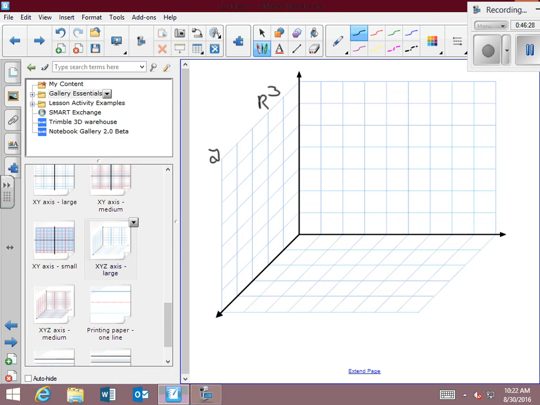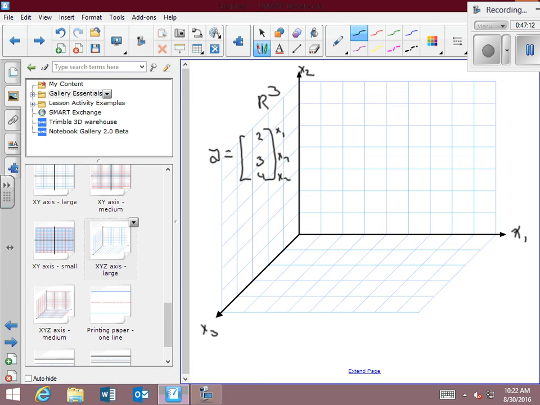A vector, which is 2, 3, 4. And then they call it X1, X2, X3. So I'm going to put X1, X2, and X3. A lot of times to the right is X, to the left on the bottom is Y, and then Z is vertical.